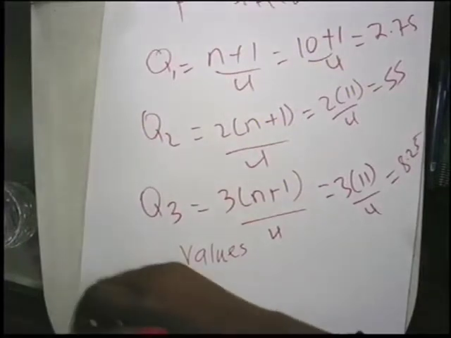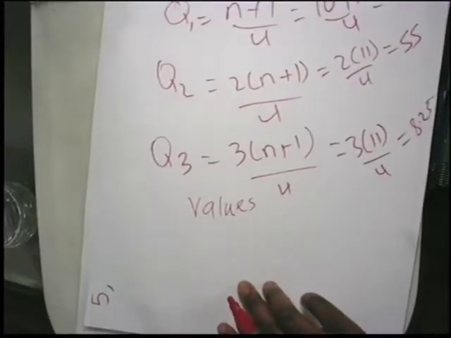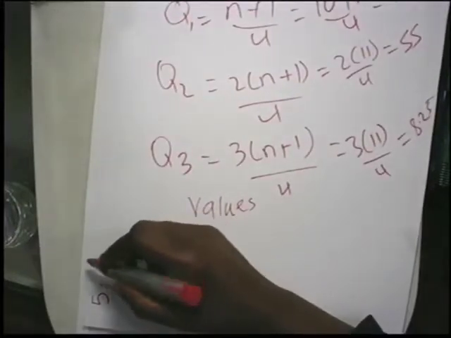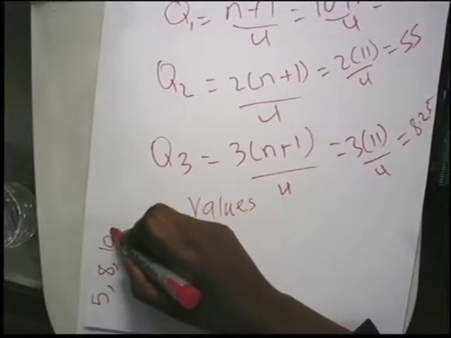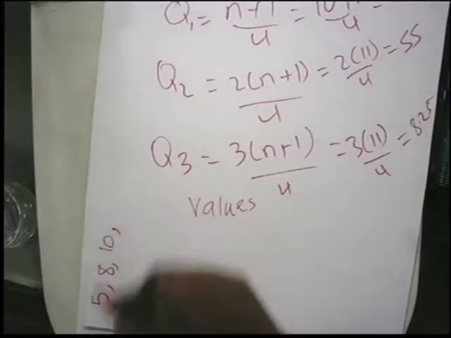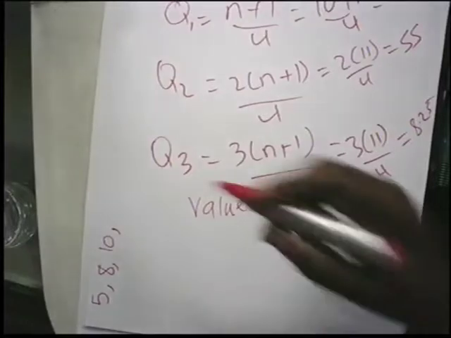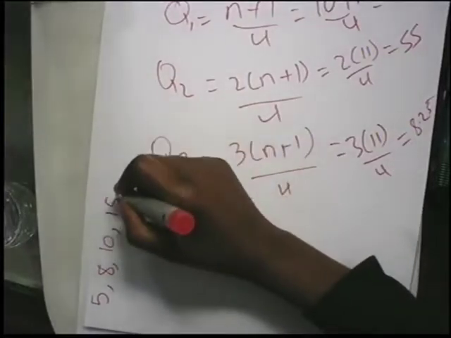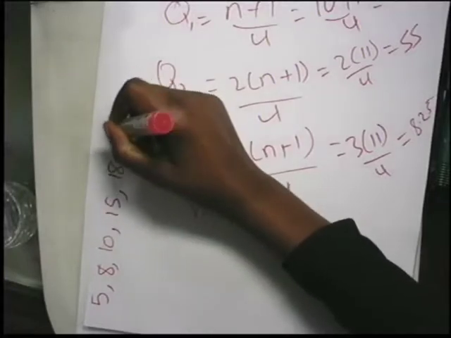The smallest is 5, followed by 8, 10. After 10, then we have 15. After 15 is 18. After 18 is 25.